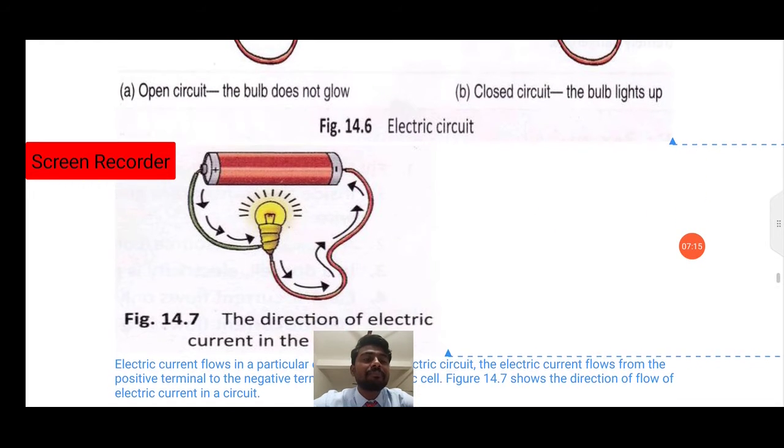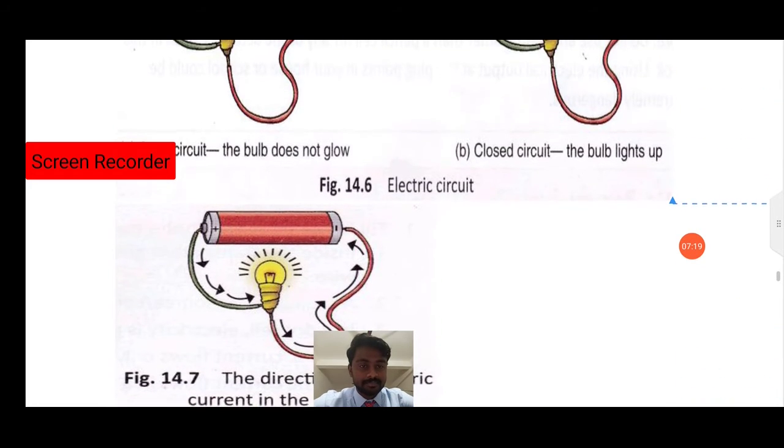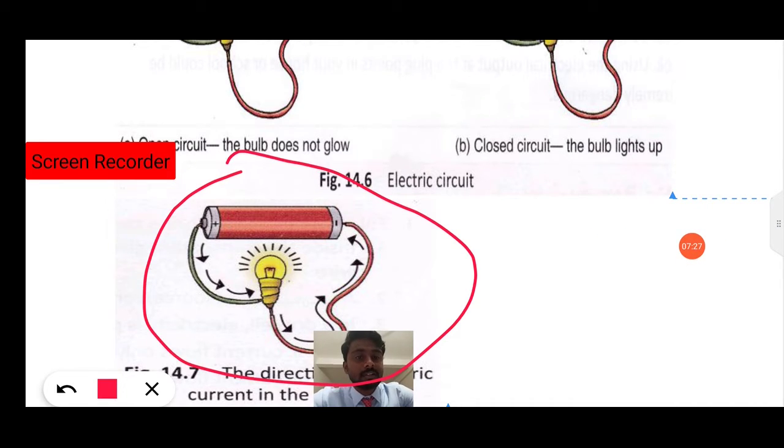See students, the direction of the electric current in the circuit. In this diagram, this is the positive terminal, this is the negative terminal. Okay, understand?